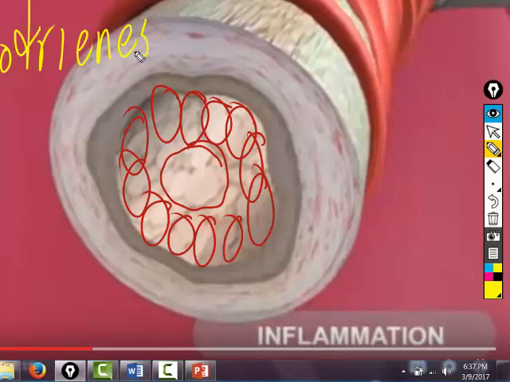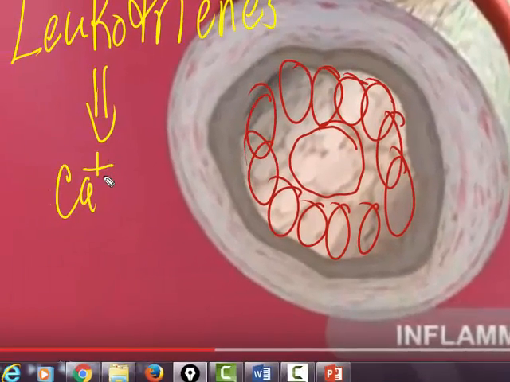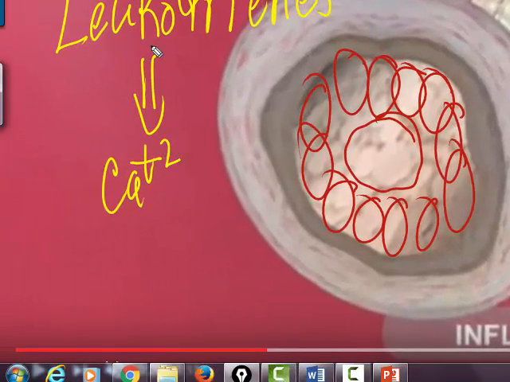They're called leukotrienes. Leukotrienes release, you're not going to believe, what's the most important element in muscular contraction? And it is the calcium that causes the bronchial muscles to spasm, to contract.